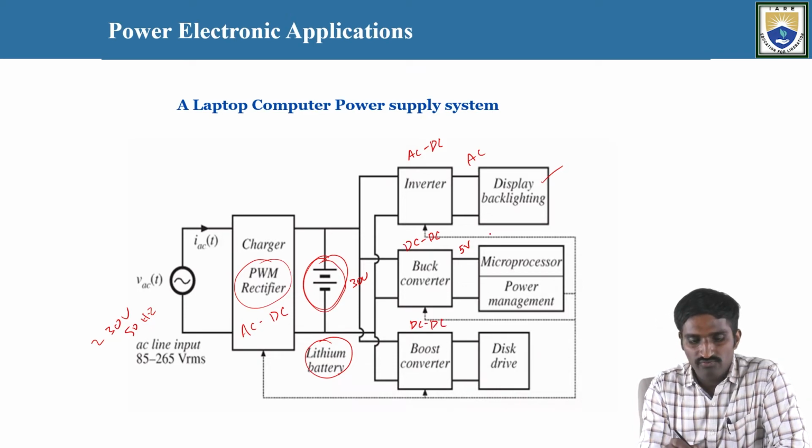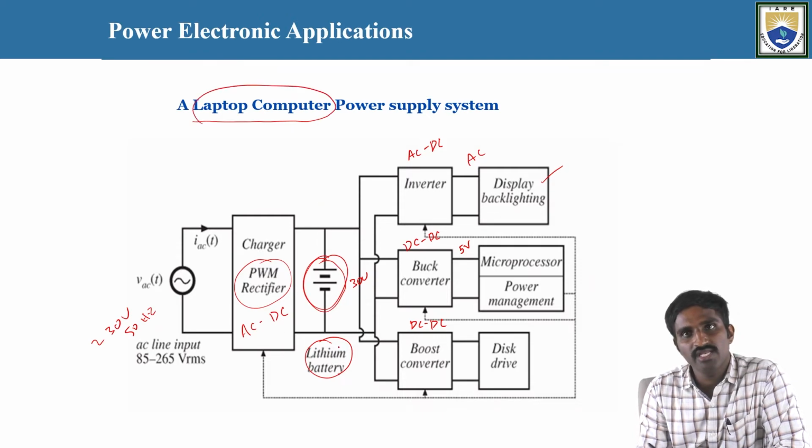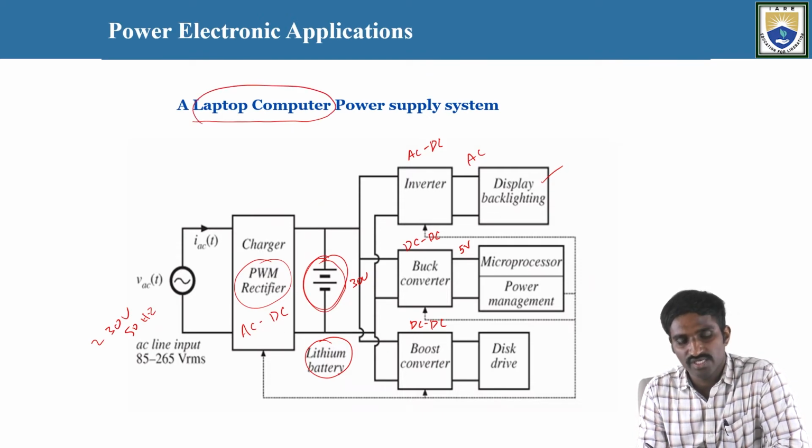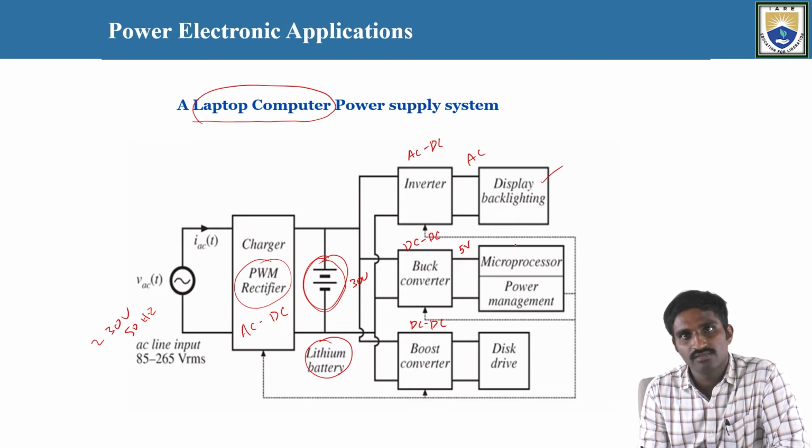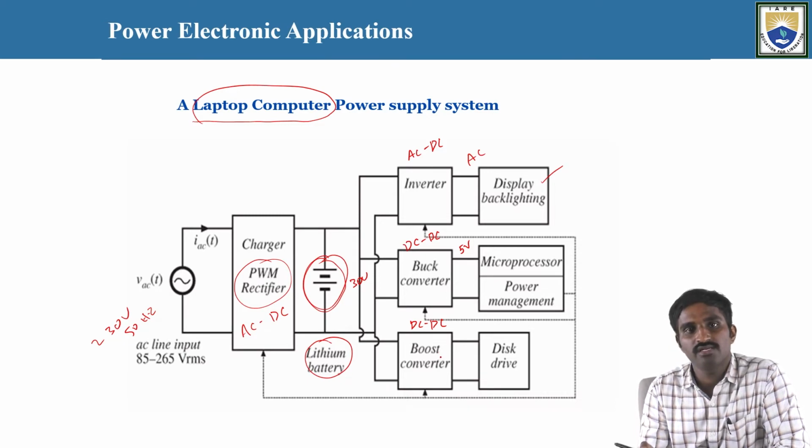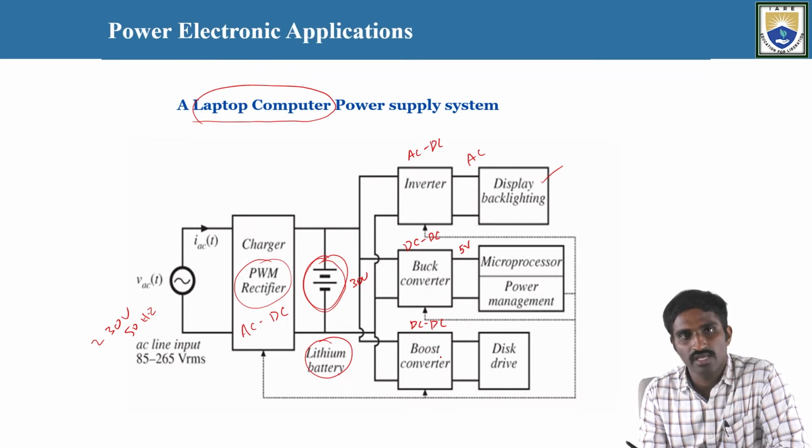So in only one application, that is the laptop or the computer, we are using many power electronic converters, because the computer has so many devices, and the devices may need different input supplies. Some devices need AC supply, some need DC supply, and some need a particular DC supply, low voltage or high voltage.